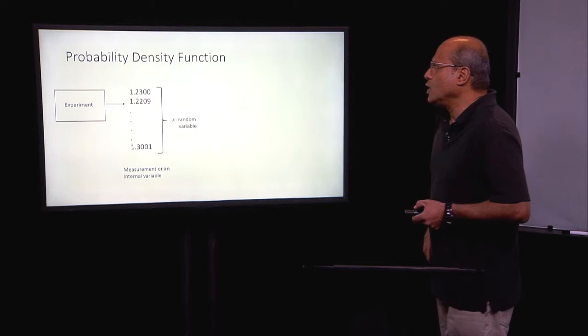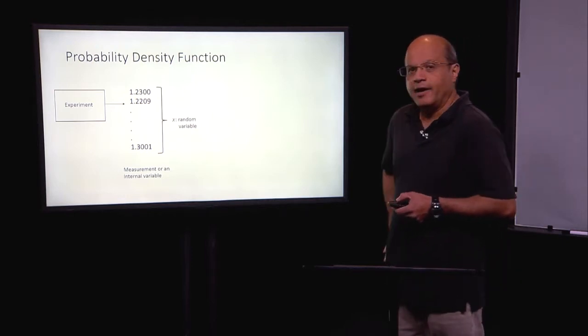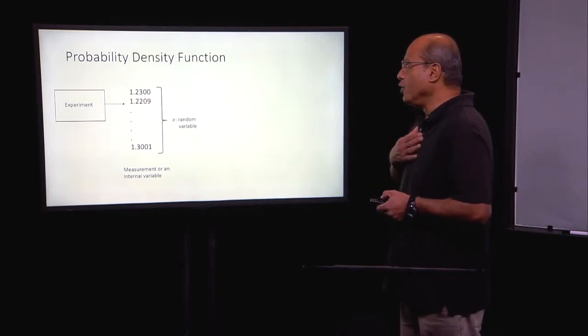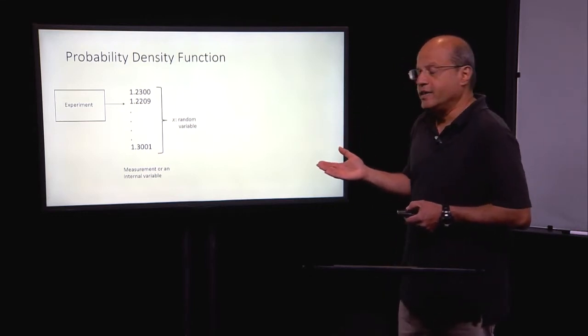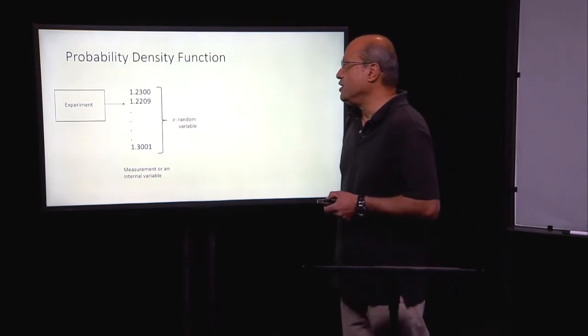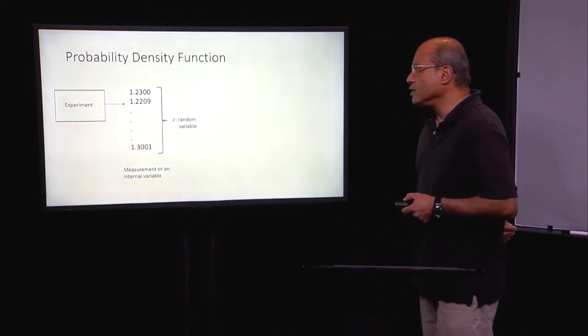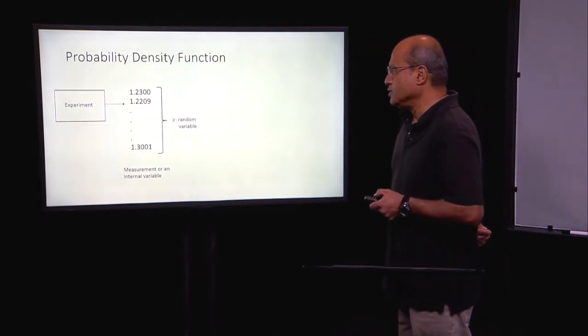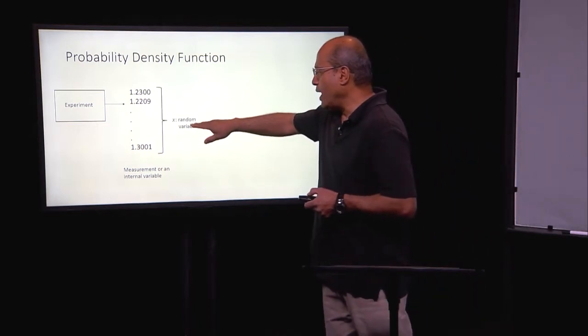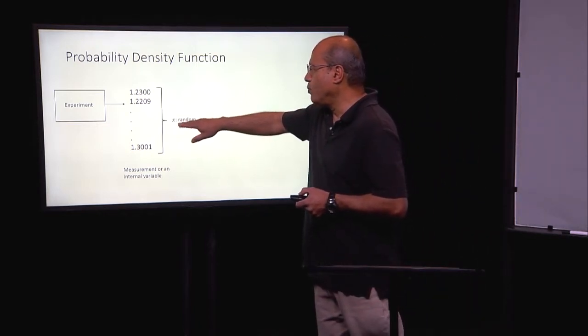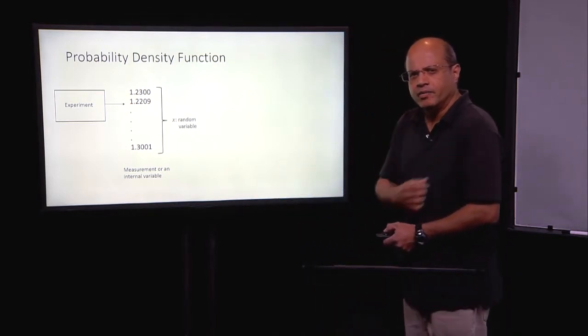Okay, so now that we understand what a random variable is, I'm going to introduce a function that is associated with a random variable, and that function is called the probability density function. And the way you construct the function is in the following way. The first thing you do is you ask yourself, what are all possible values that your random variable can take?